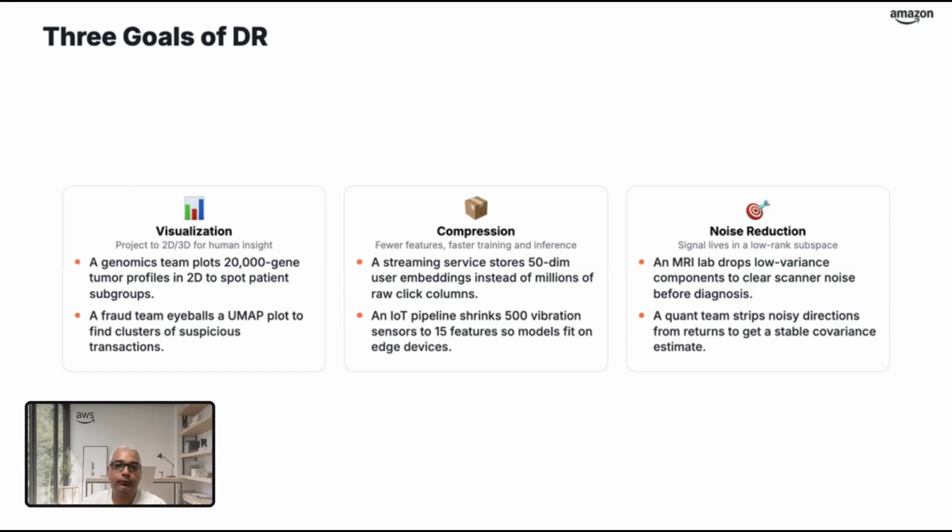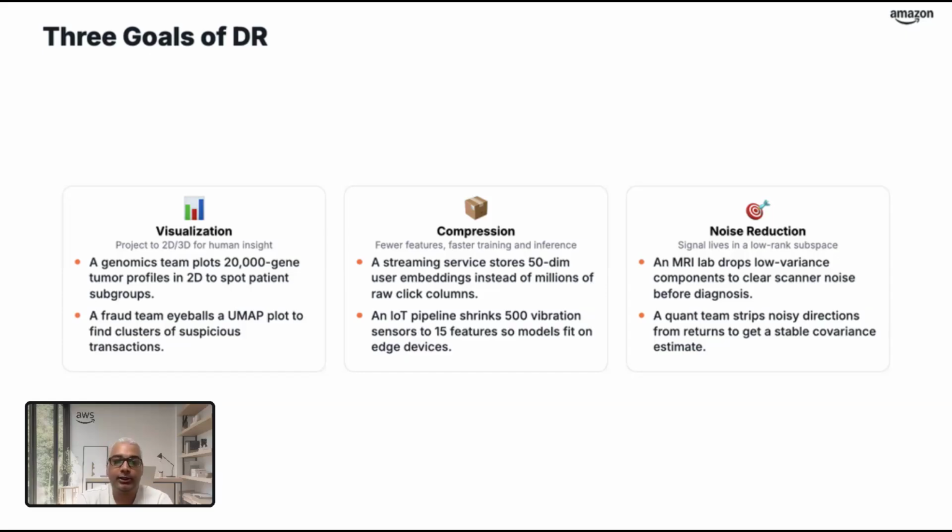So these are the three goals for DR that I was mentioning. We have visualization, compression, and noise reduction. In visualization, a genomics team might want to plot gene sequences in 2D to spot some patient subgroup, or to understand some phenomena about some diseases or anomalies.